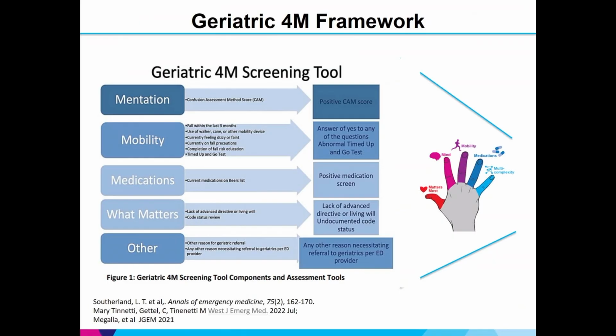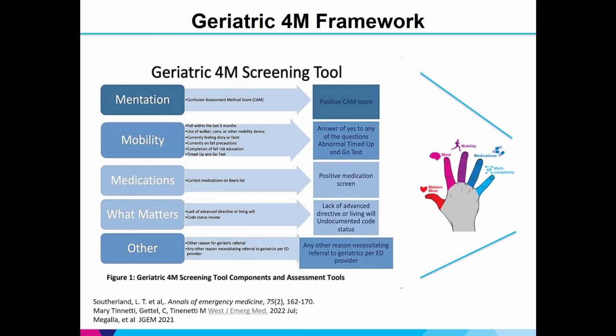In this case, the 4M model helped us recognize several things in terms of her mind, understanding how the hallucinations in her advanced Parkinson's were leading to psychosis, her mobility, the reasoning behind her falls, and this orthostatic hypotension and interventions that could be done.